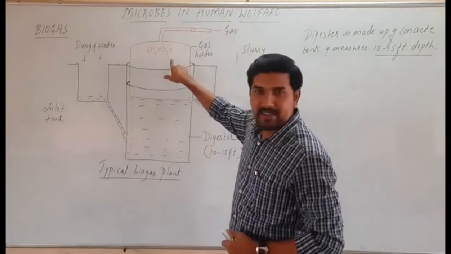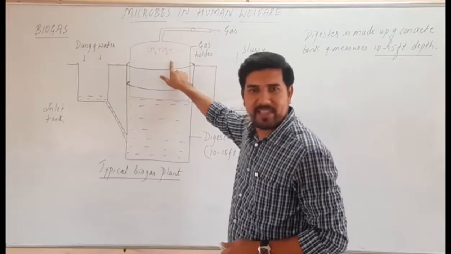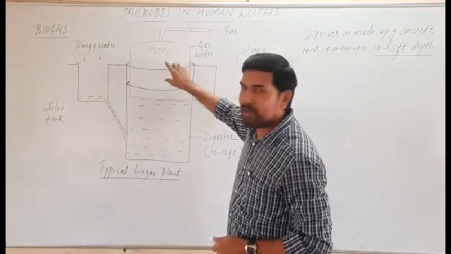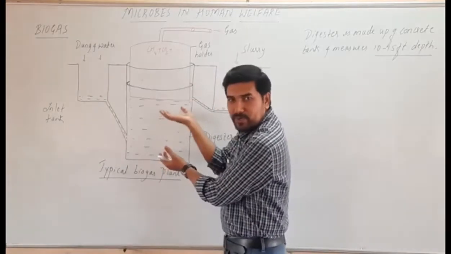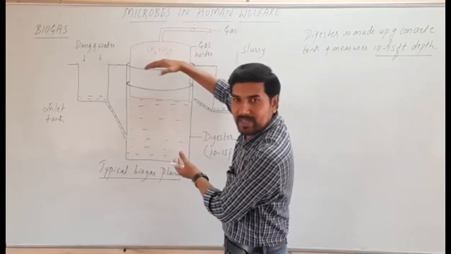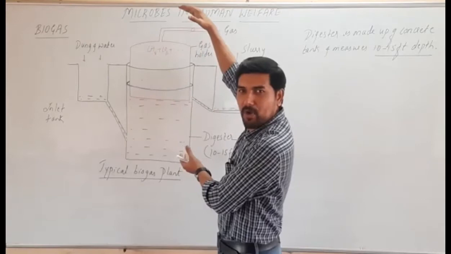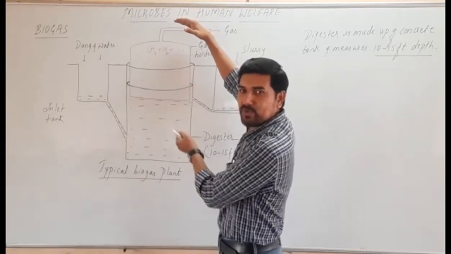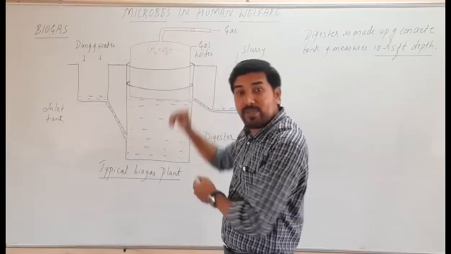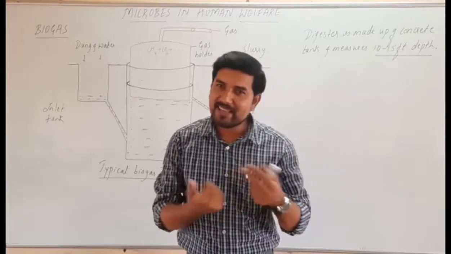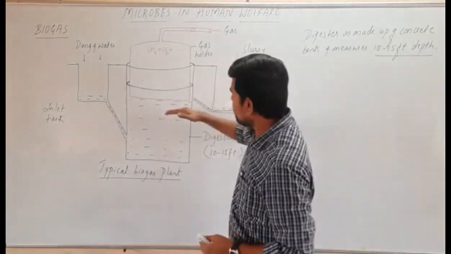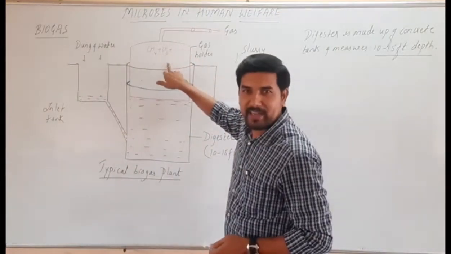Now the biogas, which we also call methane gas, goes and accumulates in this gas holder. As the gas is produced, the gas holder moves to the top. If the gas is used, it comes down, so that we can understand whether the gas is produced or whether the gas is used. So the methane gas is accumulated here.